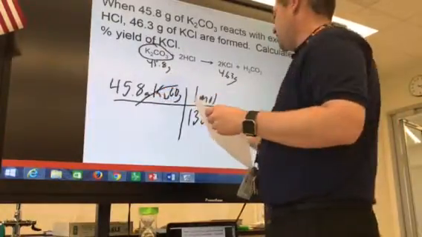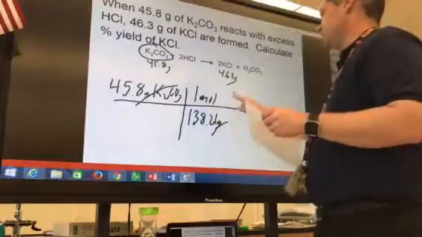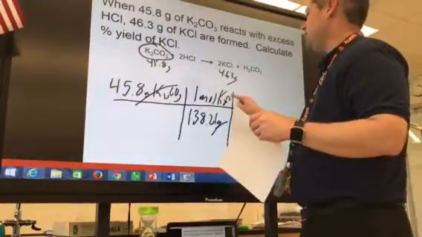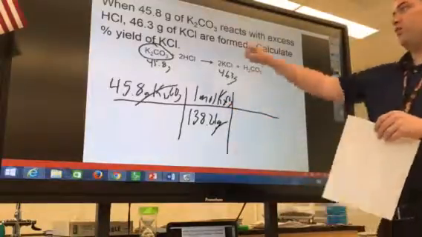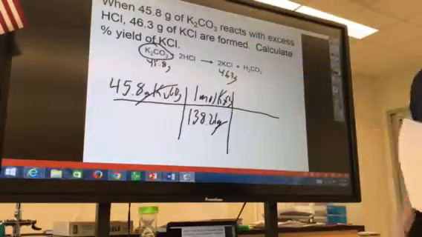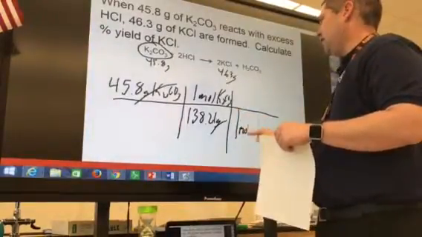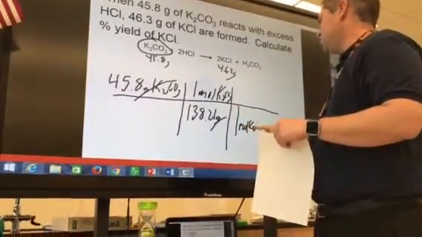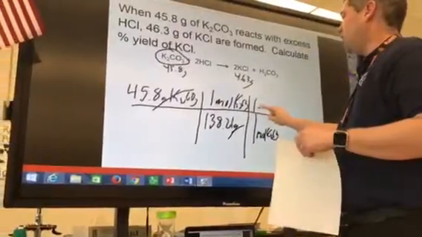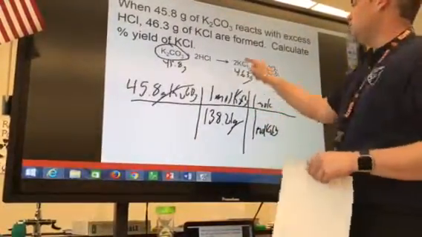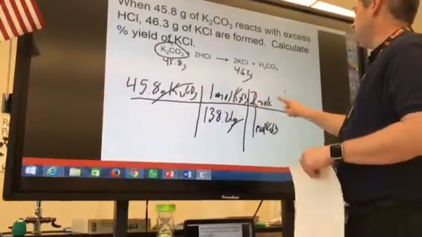My grams cancel, I'm left with moles of K2CO3. Then remember the mole to mole ratio. 1 is the coefficient, so I have 1 mole of K2CO3 over 2 moles of KCl.